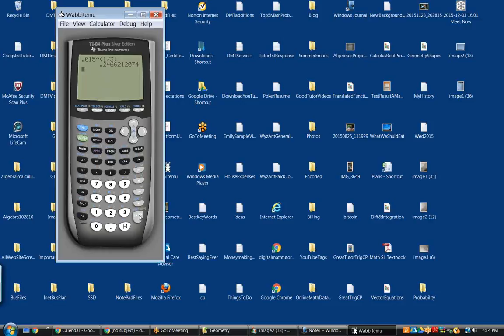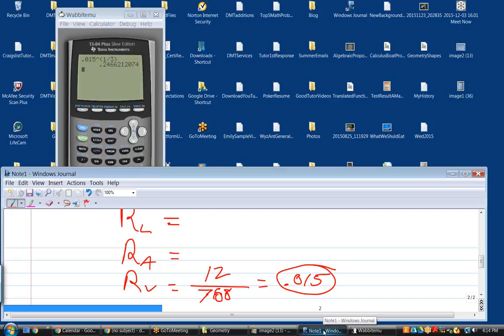Now, this is why it's confusing, is because that number gets bigger when you take the cube root of it. You see that? When you take roots of numbers less than 1, they get bigger.